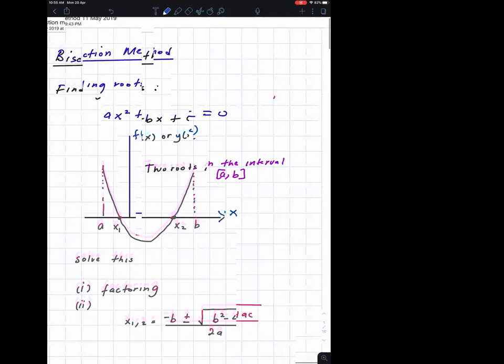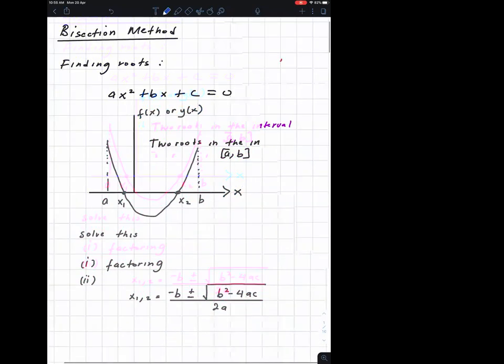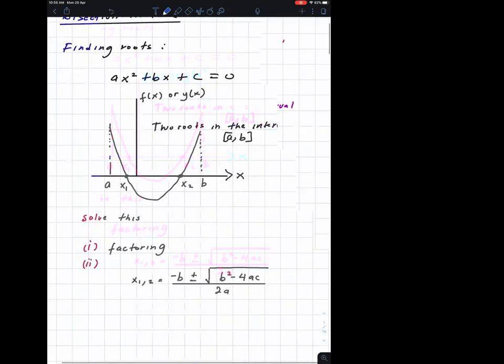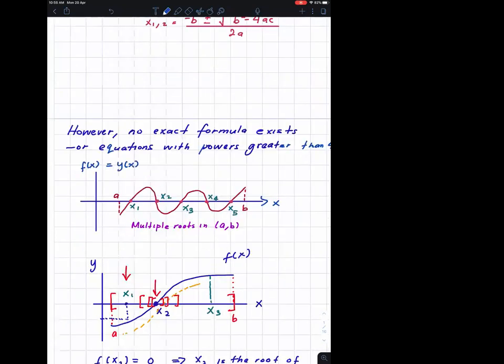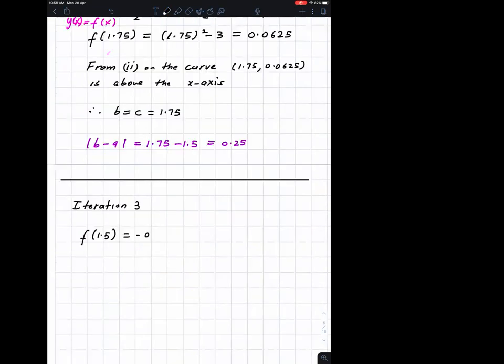So this is also the same thing, f of x or y of x. Okay, sir. Just rewriting what we got so far.